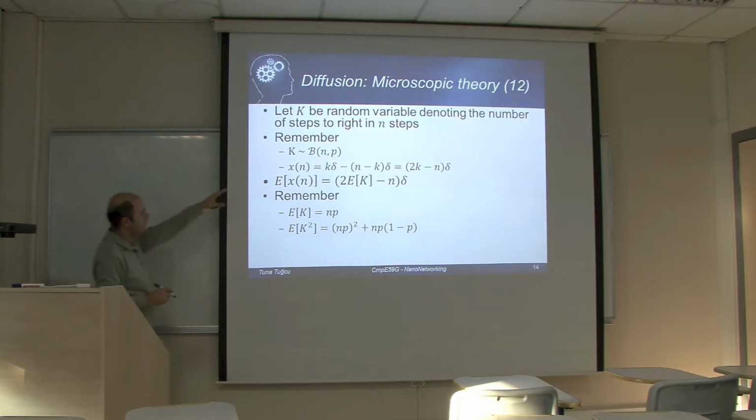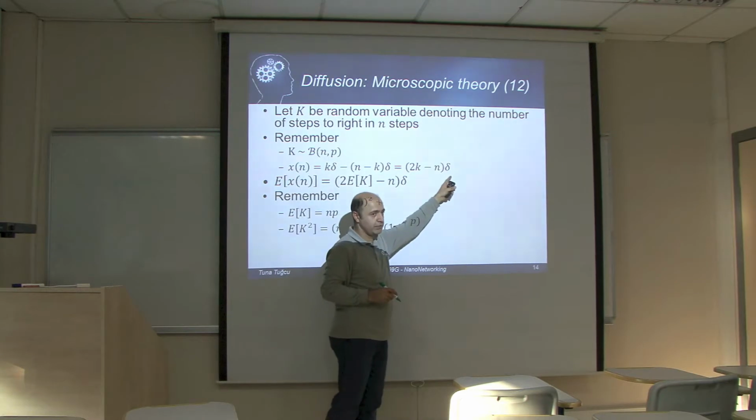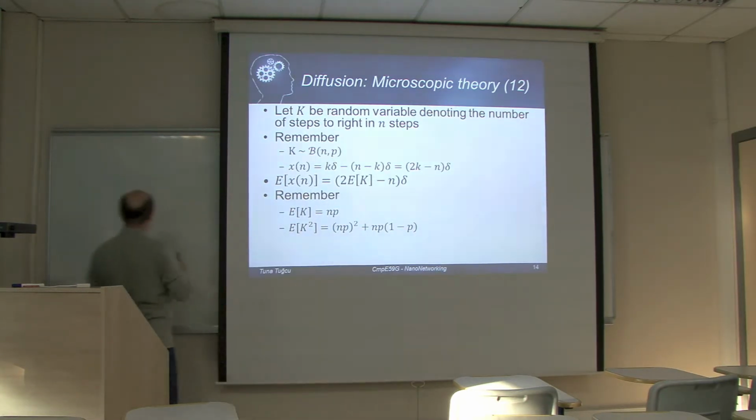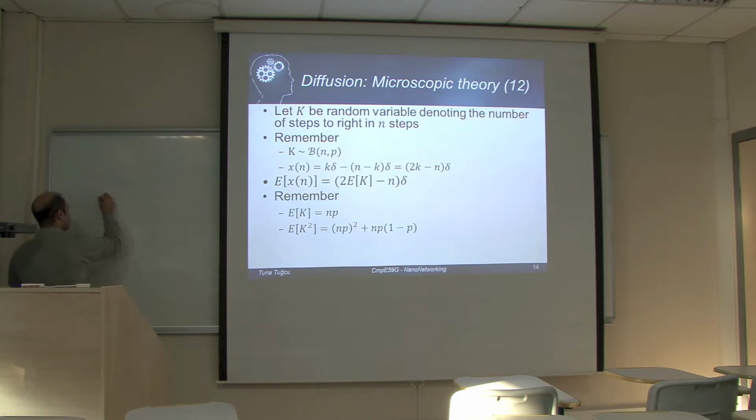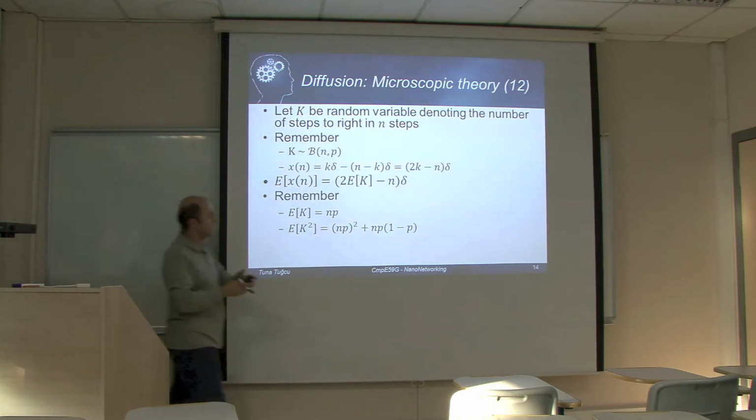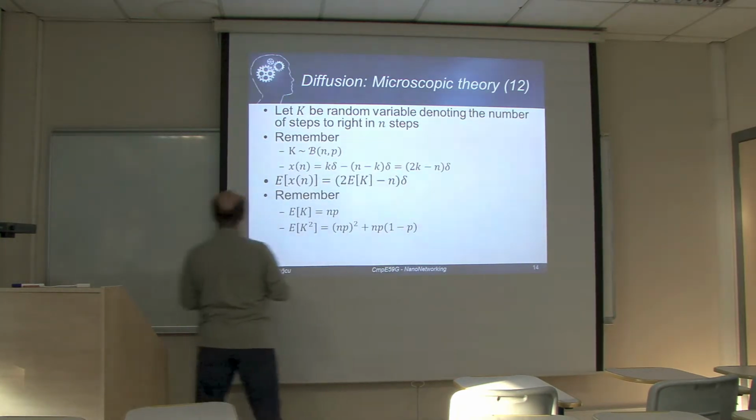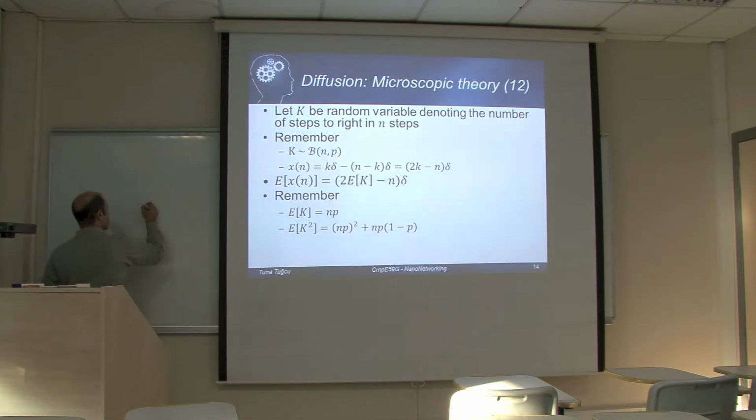X squared of n, if this is x of n, x squared of n would be that, right? So the expected value of x squared of n would be what? This thing squared, that would be 4k squared minus 4kn plus n squared.